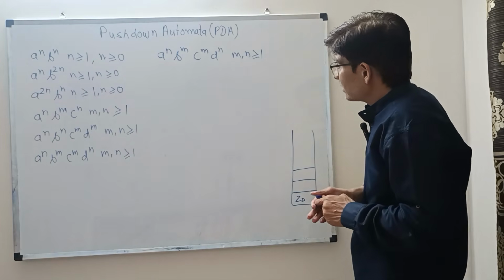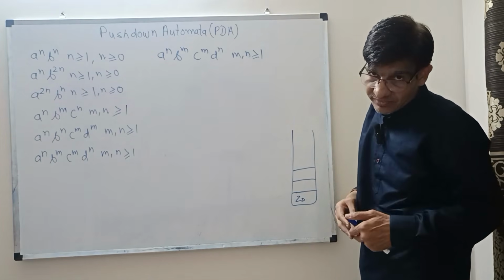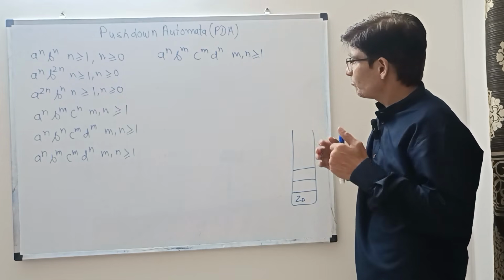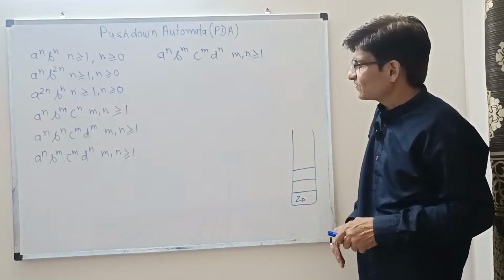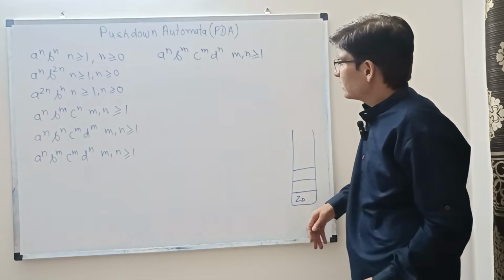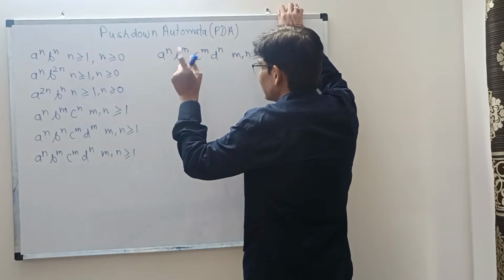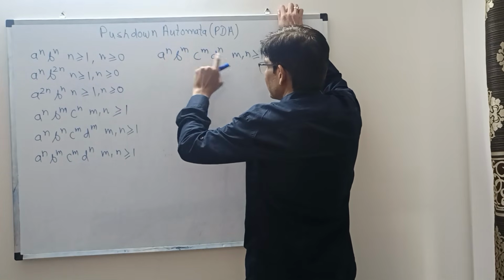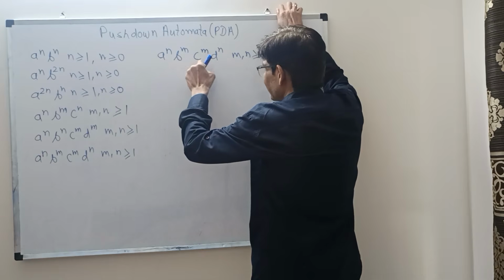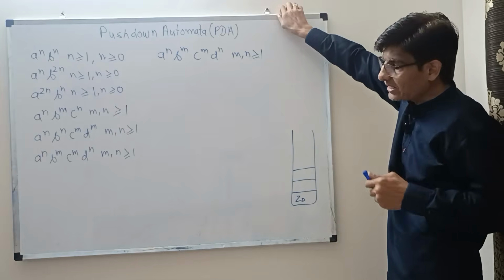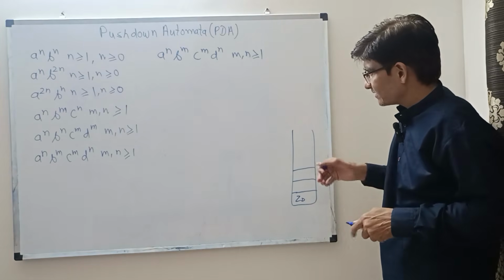We cannot have relation between the number of occurrences of more than 2 elements in context-free languages. So here we have only 2 symbols where the relation is A and D, and B and C. Now how we can create PDA for this, that we will understand.